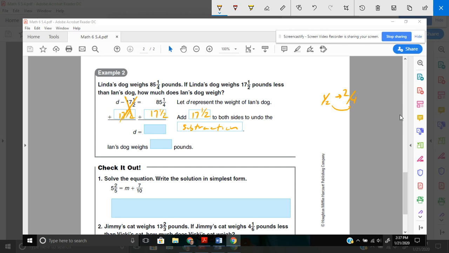So 1/4 plus this 2 fourths would give me 3 fourths, and then 85 plus 17 is 102. So 102 3/4 pounds. Wow, that's a good sized dog. 102 3/4 of a pound for Ian's dog.